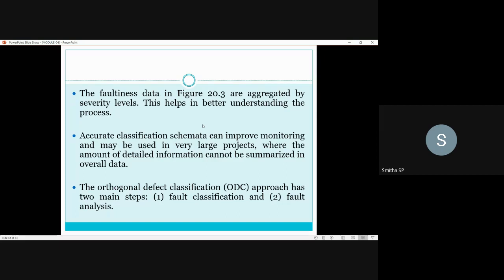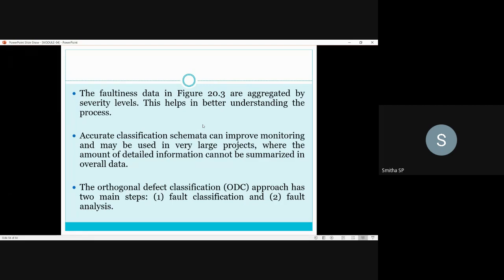Next, accurate classification schemata can improve monitoring and may be used in very large projects where the amount of detailed information cannot be summarized in overall data.